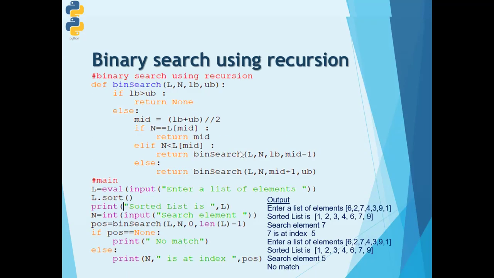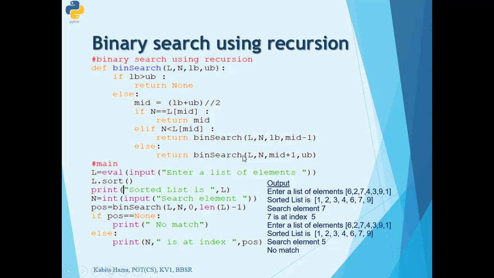Similarly, if it is greater than the mid element, the search continues in the upper half. So our recursive case is to call the binary search function again by adjusting the lower bound or upper bound as the case may be.